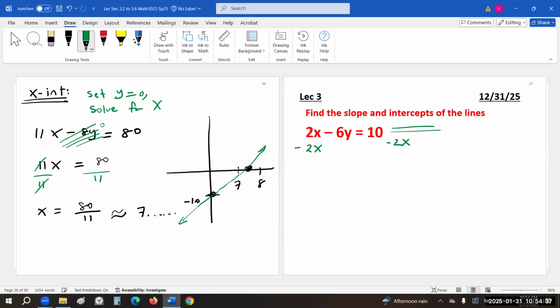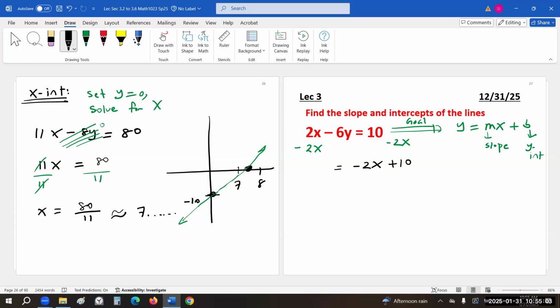So our goal here is to convert this into y equals mx plus b format, because that m is the slope. And extra, we get the y-intercept. So we have on the other side, negative 2x plus 10.